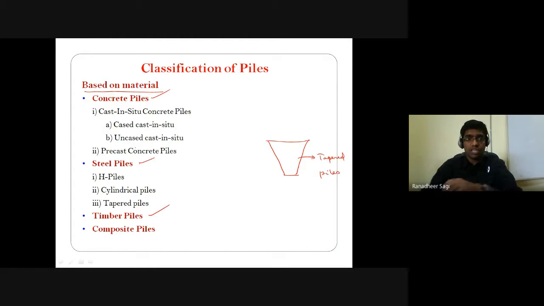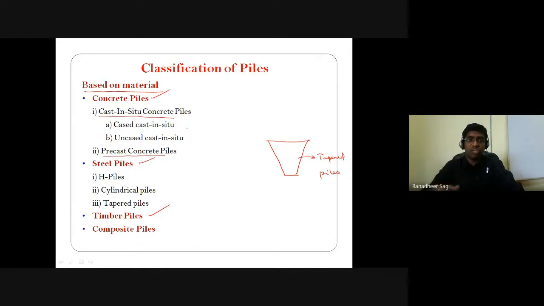Concrete piles may be cast in situ, or precast in casting yards, brought to the site and directly installed. If cast in situ, the construction may be done by providing a casing while making the borehole into the ground, or without providing a casing. So we sometimes provide casing, sometimes we don't.